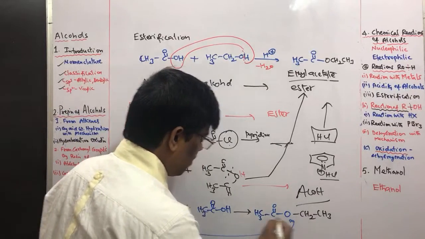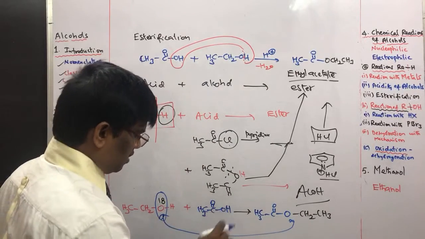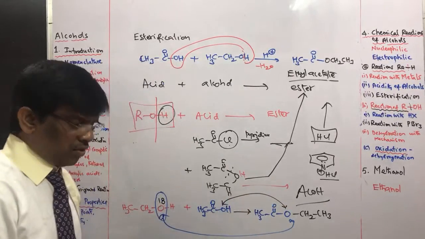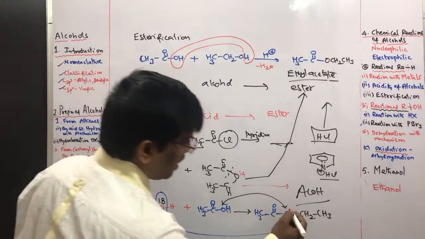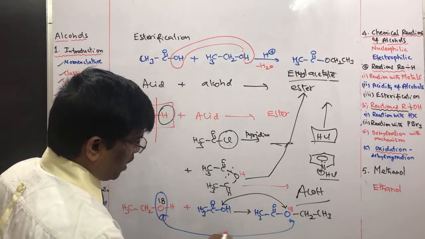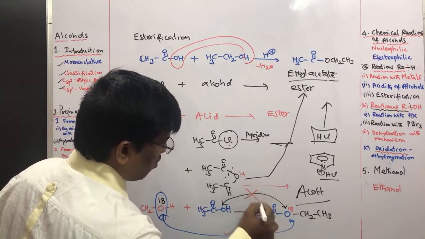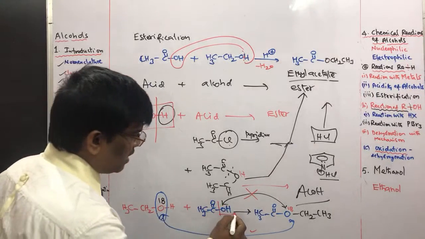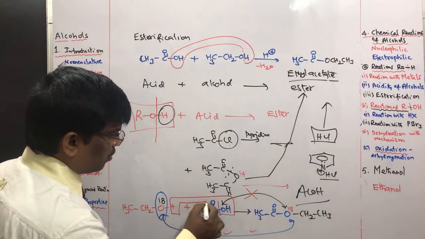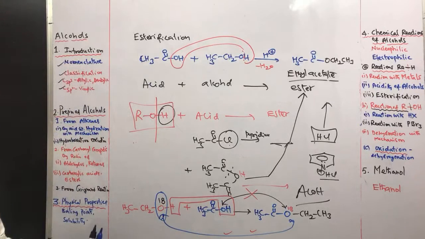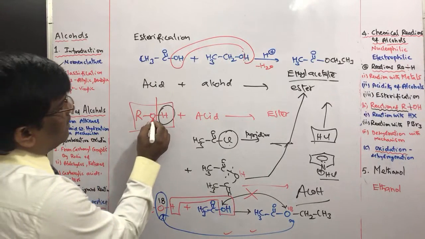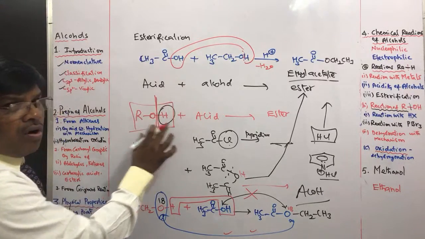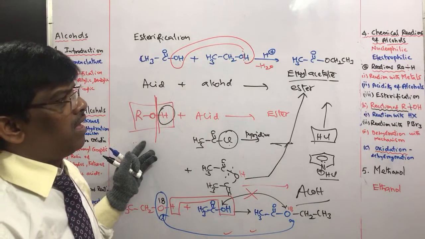Is it this same oxygen or this oxygen? It is observed that this is the oxygen which is coming here, right? So this oxygen is going out as water with this hydrogen. Yes, students. So that is why it is said that the esterification is taking place by the cleavage of the oxygen and hydrogen bond.